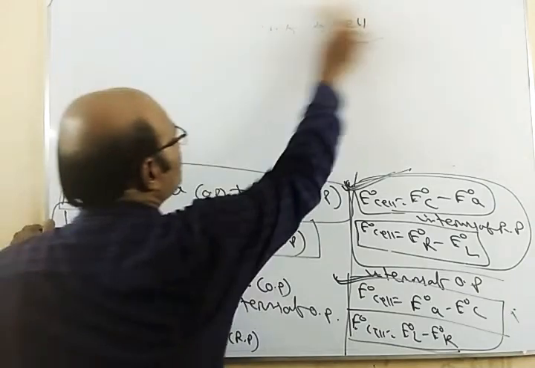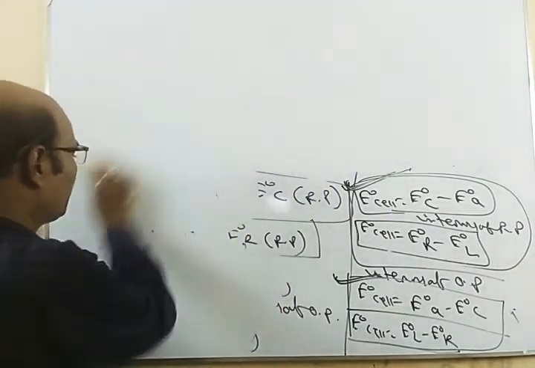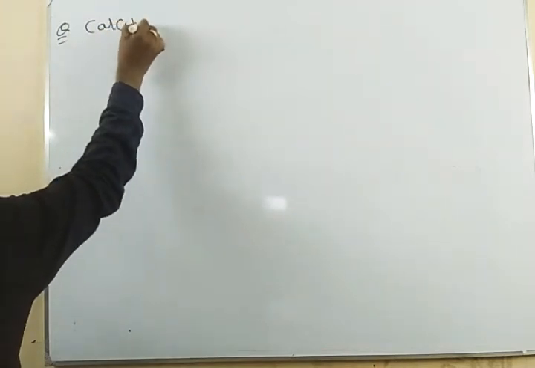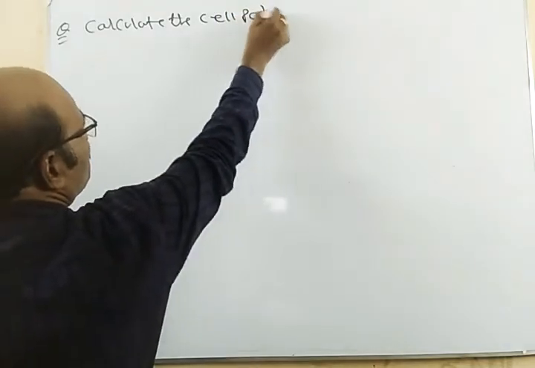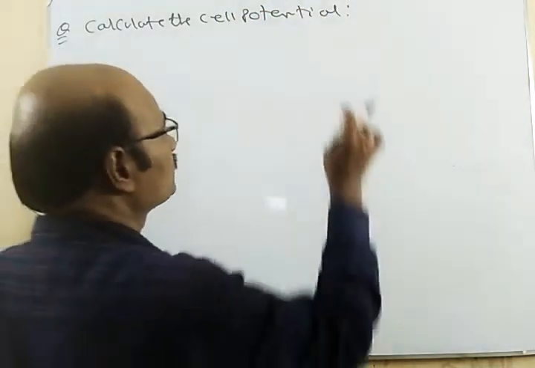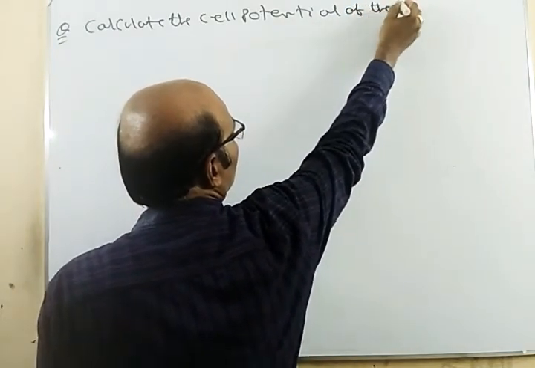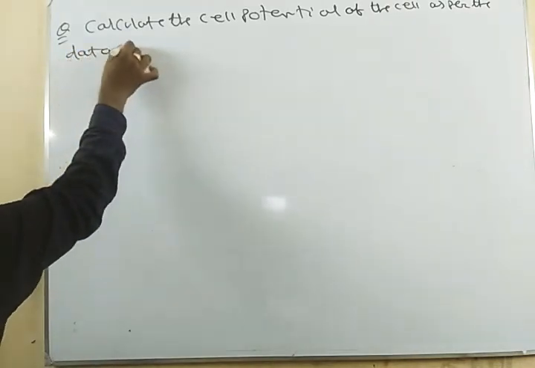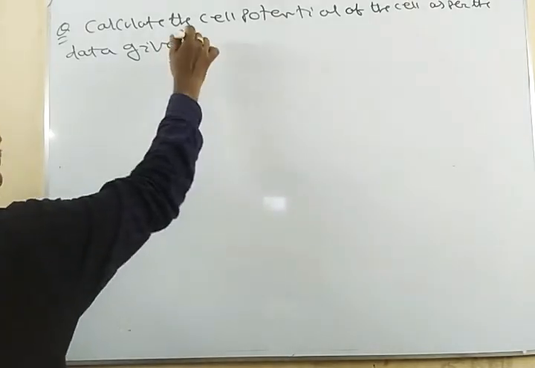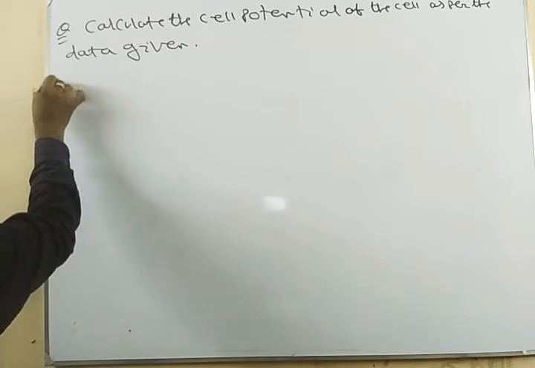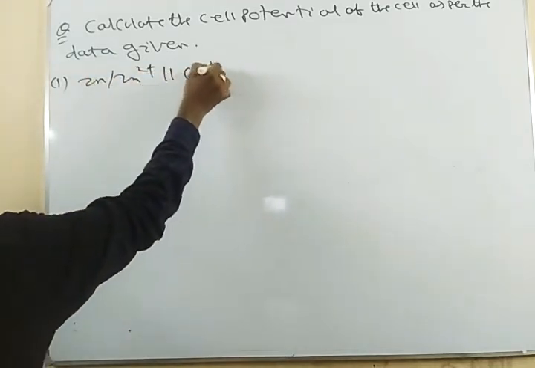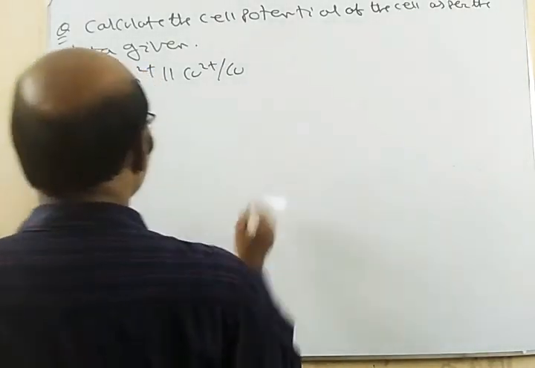Now let us have an example based on this calculation of potentials. Suppose you are given the following data. Calculate the cell potential of the cell as per the data given. Number 1: Zn, Zn2 plus, Cu2 plus, Cu.